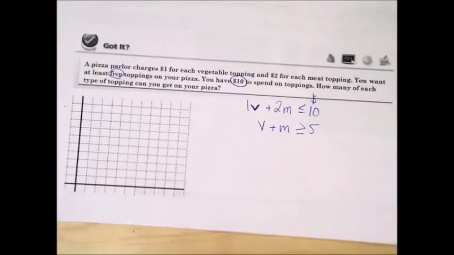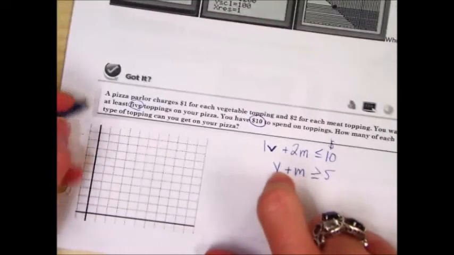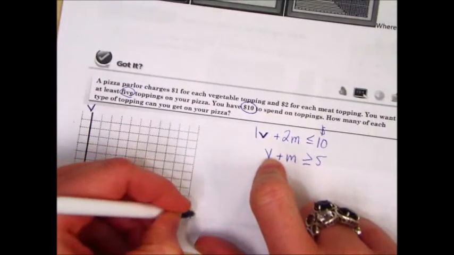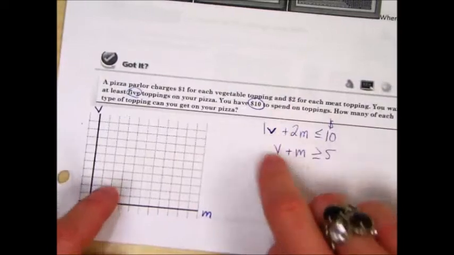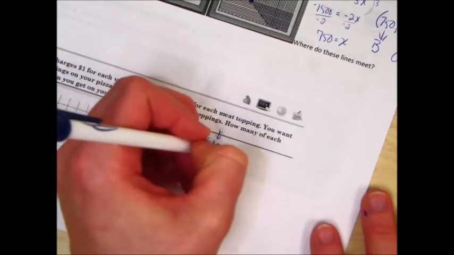So we'll go ahead and solve each of these for a variable. I'm going to solve them each for v, since v is by itself. That's going to make this axis the v axis and this axis the m axis. You won't get it wrong either way, but I like to solve if v is by itself in both problems. So in this equation, I'll take 2m to the other side.